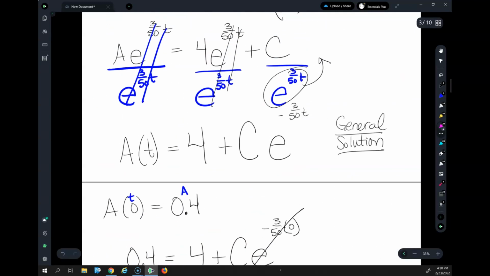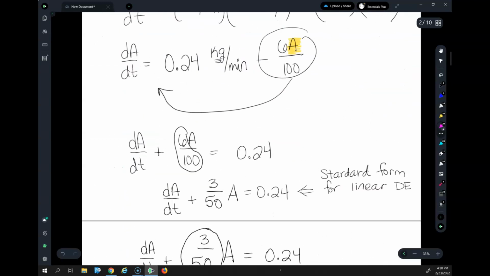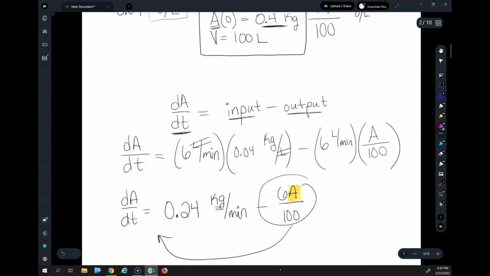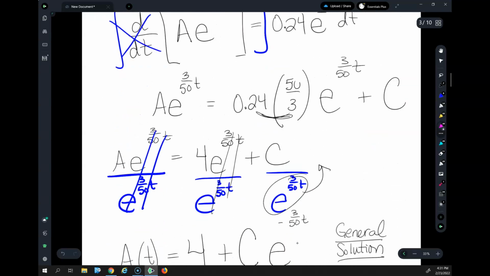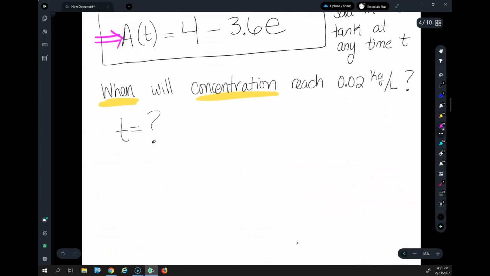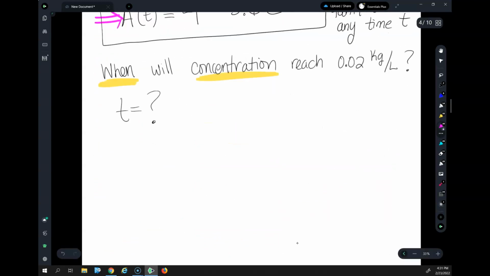But we have worked with concentrations during this application problem. Remember, concentration of our output, we had to set up as an expression. Concentration is amount divided by tank size. So we can use this function we found for amount of salt, and we can turn it into a concentration equation if we divide by the tank size.